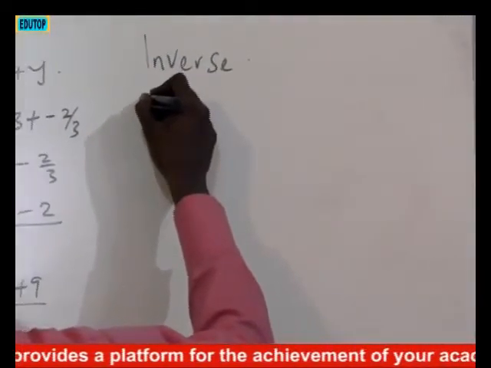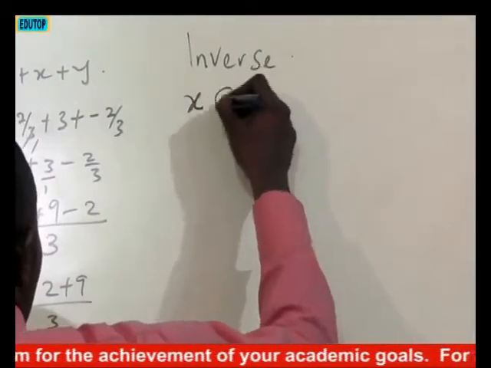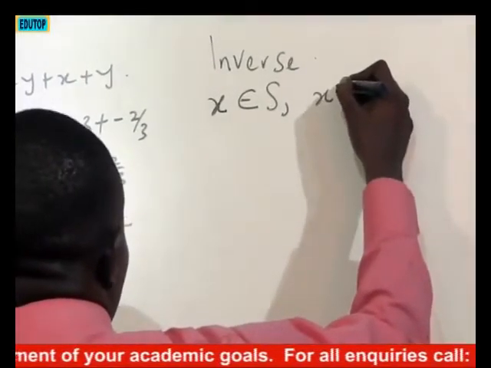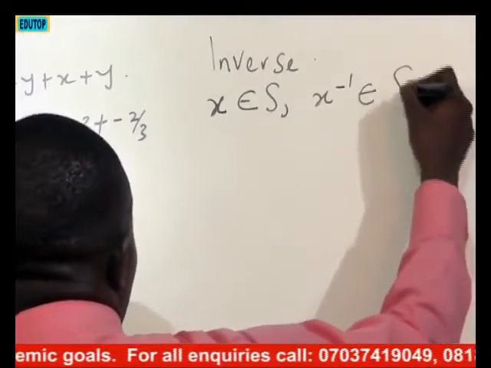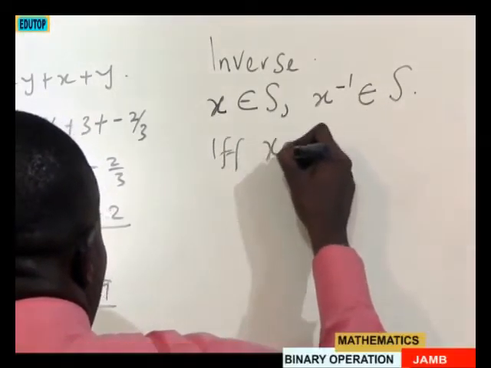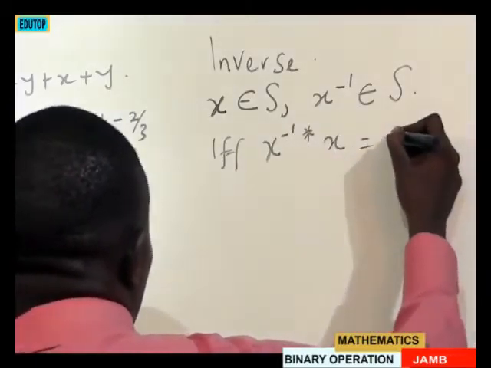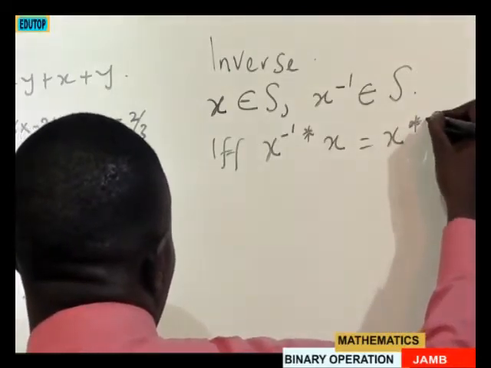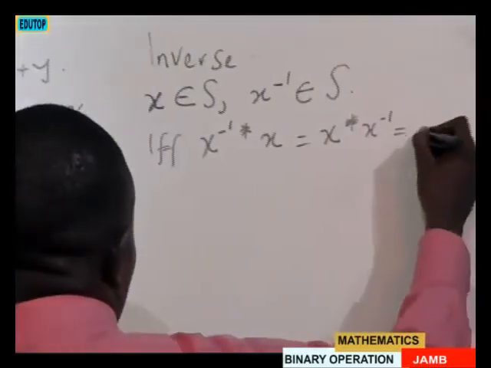It should be noted that if x belongs to S, then there is a possibility of x inverse also belonging to S, if and only if x inverse star x is equal to x star x inverse, which is now equal to our identity.